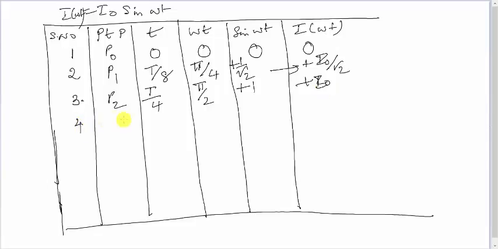The fourth one will be P3. That will be after 2T by 8 it will be 3T by 8, and pi by 2 will become 3 pi by 4. It is still in the second quadrant, so it will be plus 1 by root 2, plus I naught by root 2.